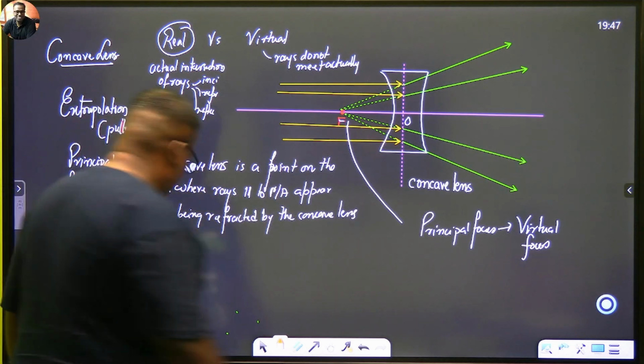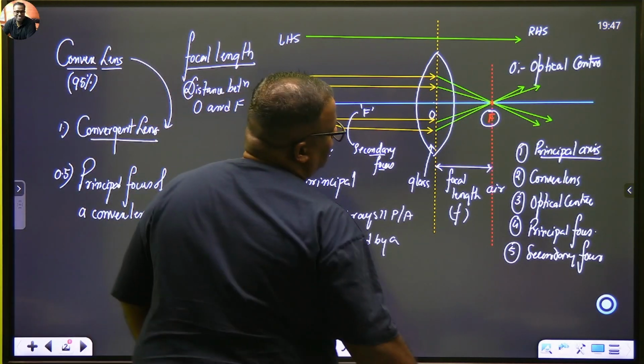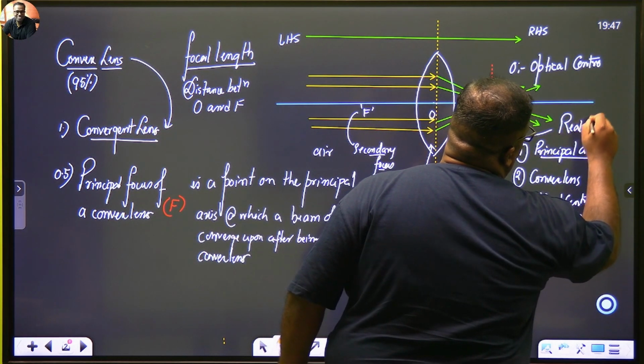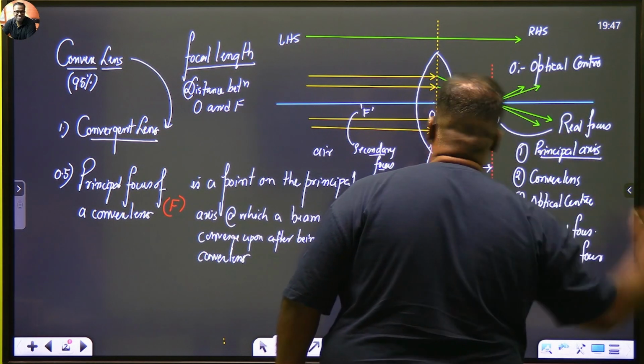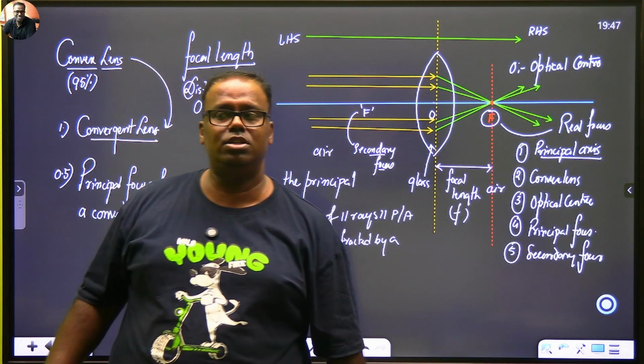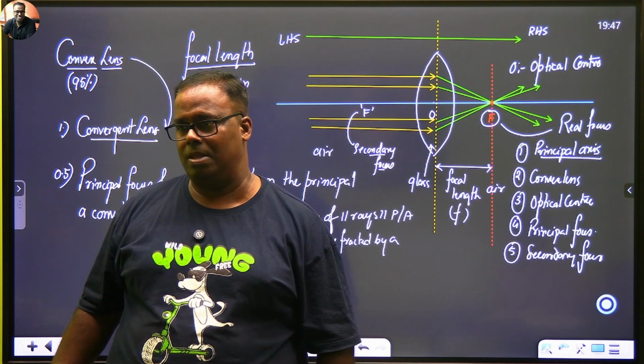Whereas if I look at this particular focus, then I will call this as a real focus. ये भी आपको 1 mark question कोई पूछ देगा. Is the focus of a concave lens real focus? No. The focus of a convex lens is a real focus.